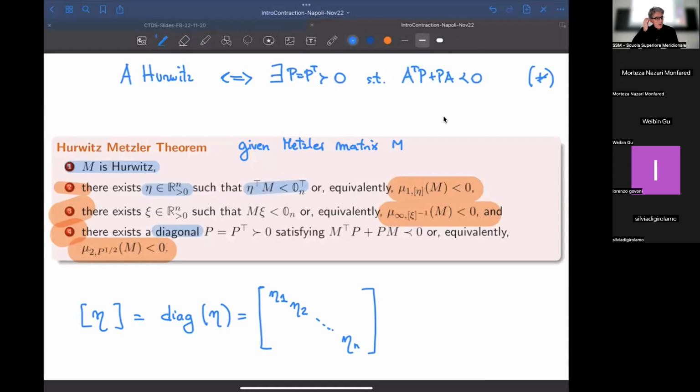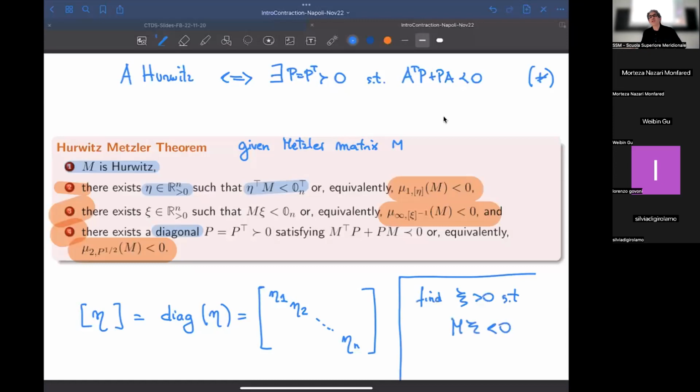If you are given a very large size problem and you want to check stability, you are basically searching, for example, using statement 3, to find C greater than 0 such that MC is less than 0.